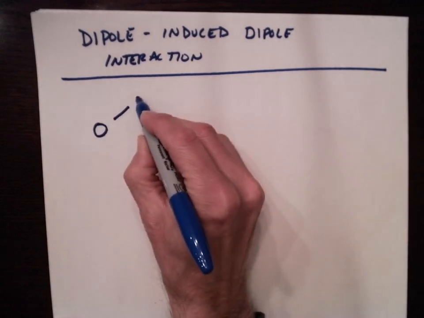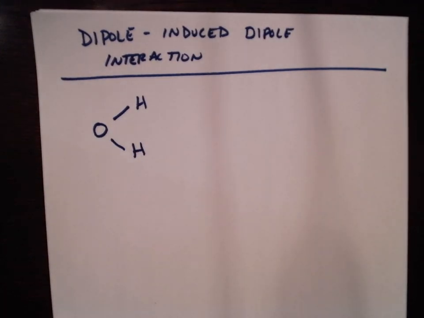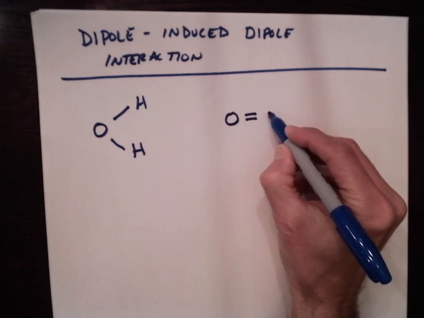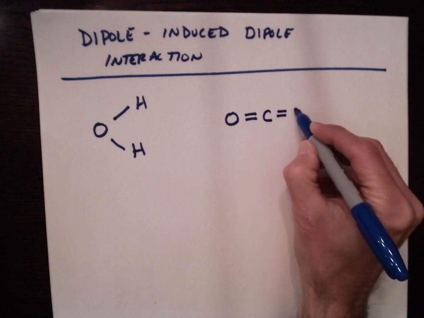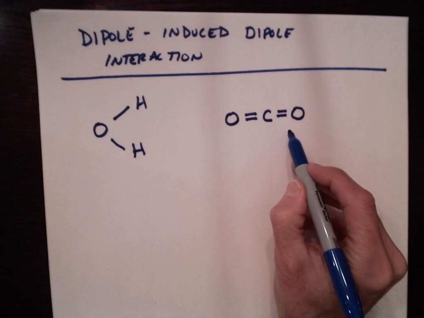I'm going to draw it like this. And for the other molecule, I'm going to draw a molecule of carbon dioxide. I've drawn carbon dioxide because we know it dissolves in water.